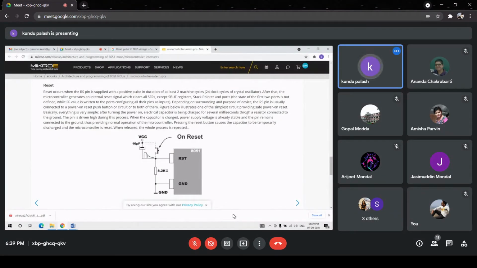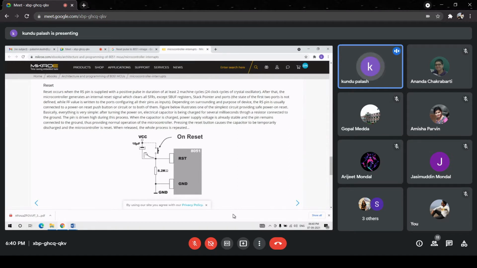That means at time 0, the maximum potential drop will occur. As time goes on, the voltage level will fall. So the duration of the reset pulse is of this amount. So there must be a finite duration.